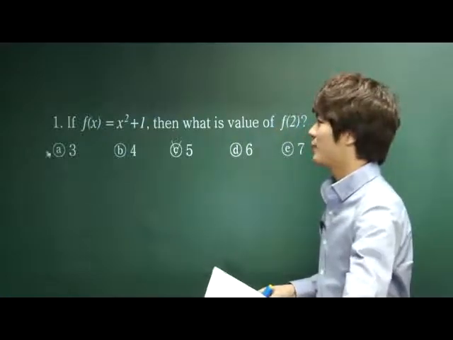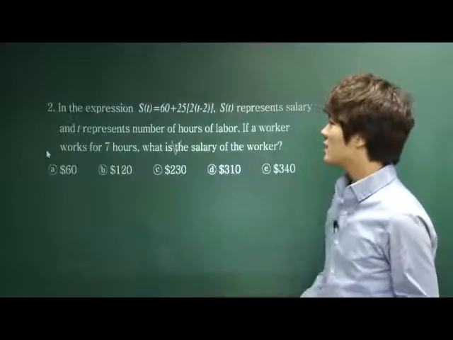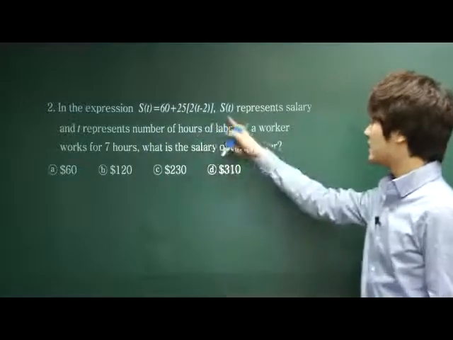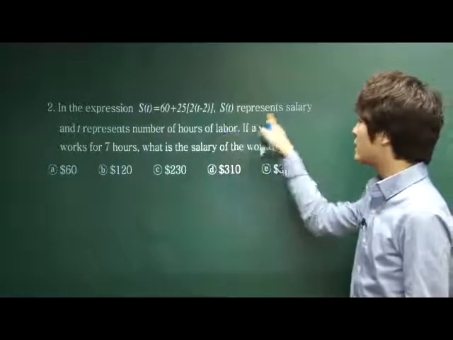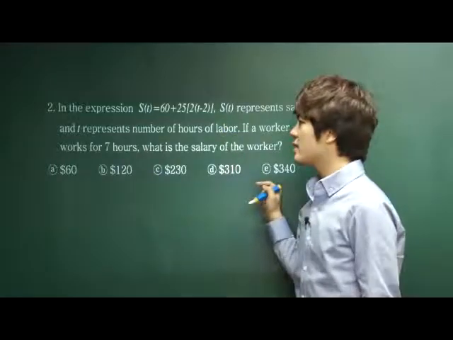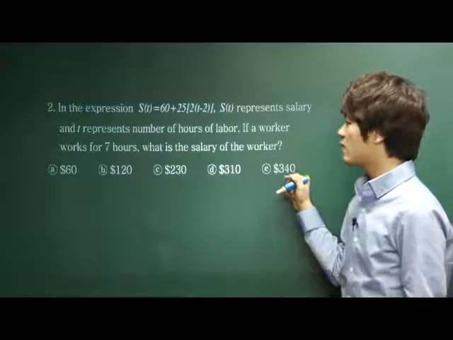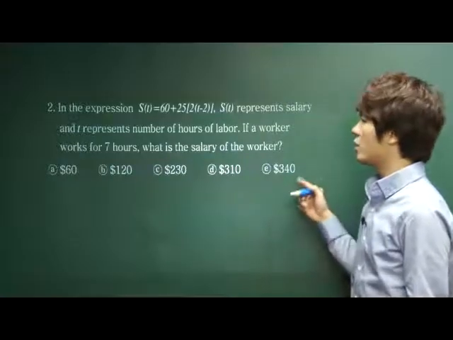Question number 2. In the expression s of t, s represents salary and t represents number of hours of labor. If a worker works for 7 hours, what is the salary of the worker?